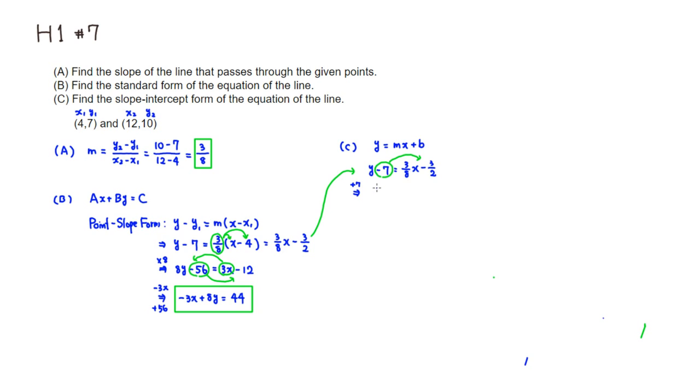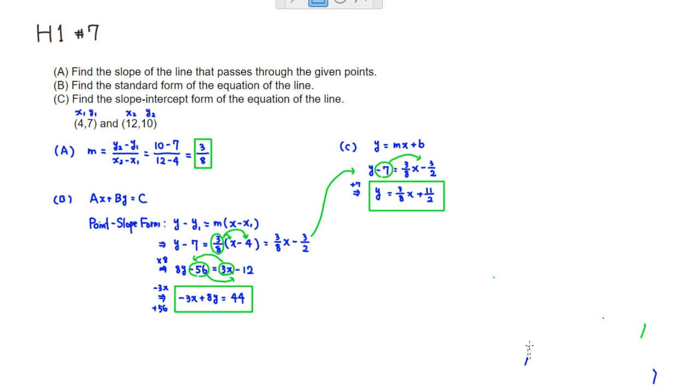That way you have y by itself, and then you have 3/8 x. 7 is 14 over 2, so negative 3 over 2 plus 14 over 2 is a positive 11 over 2. So this is the equation in slope-intercept form.